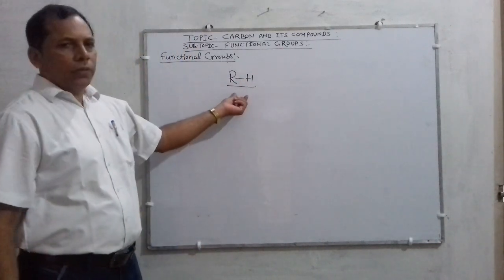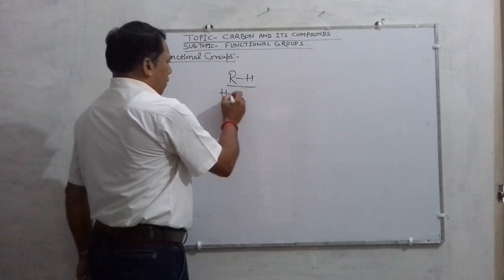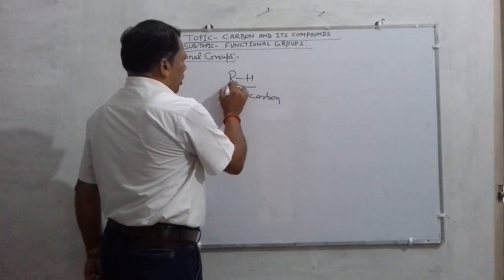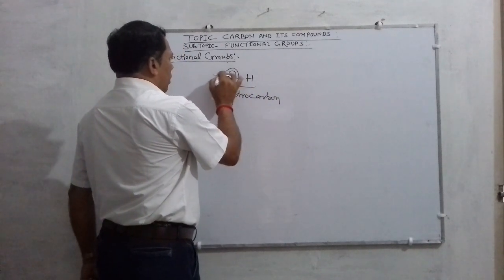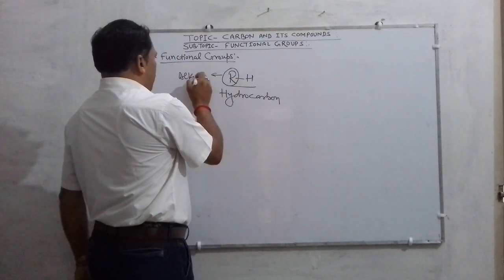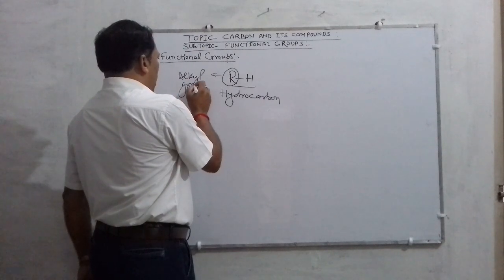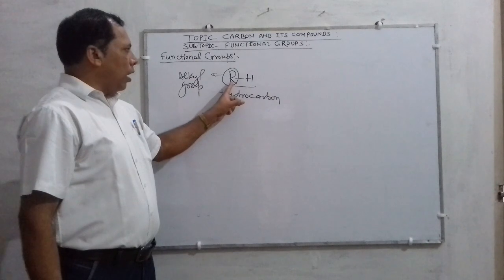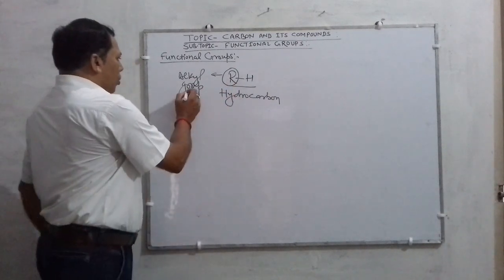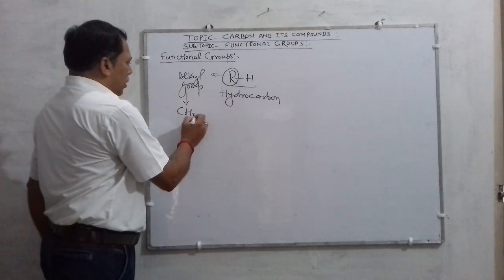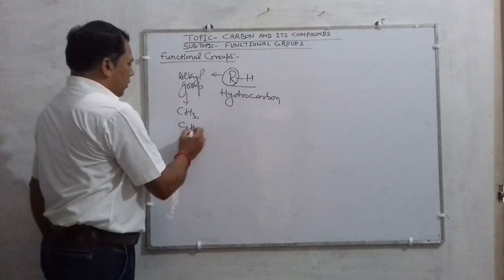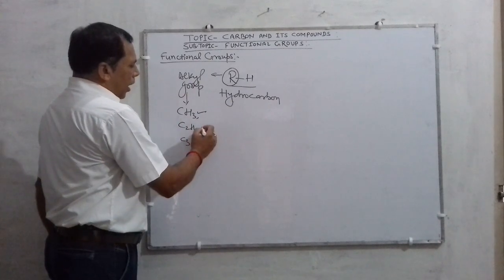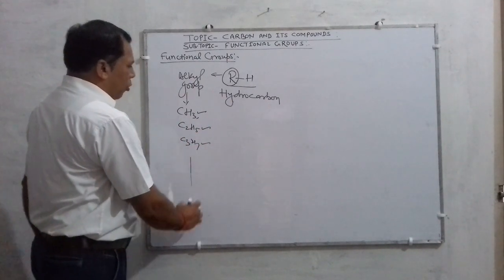For example, suppose I write here RH, hydrocarbon. This RH means hydrocarbon, in which R is called an alkyl group and H is a hydrogen atom. So R may be either CH3, C2H5, or C3H7, meaning methyl, ethyl, or propyl, and so on.